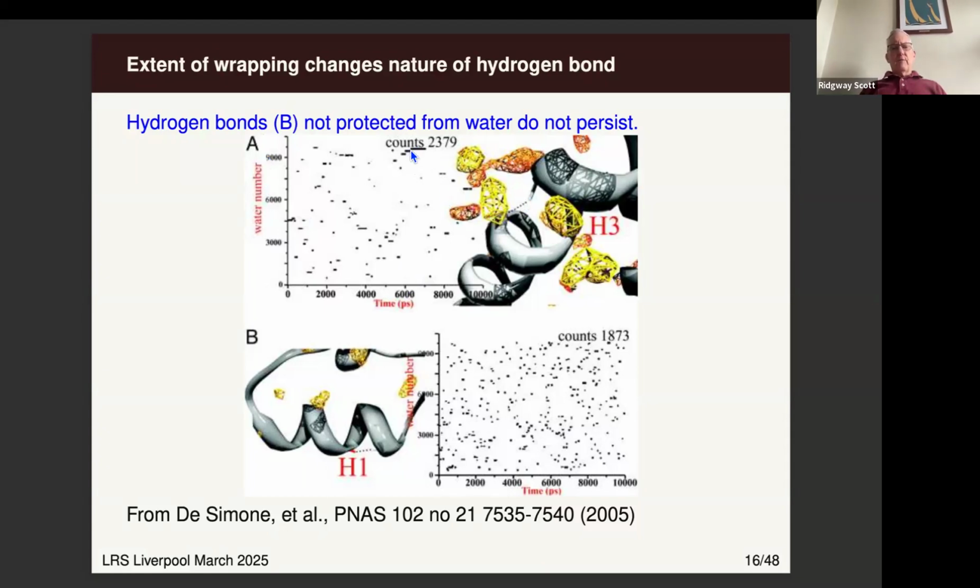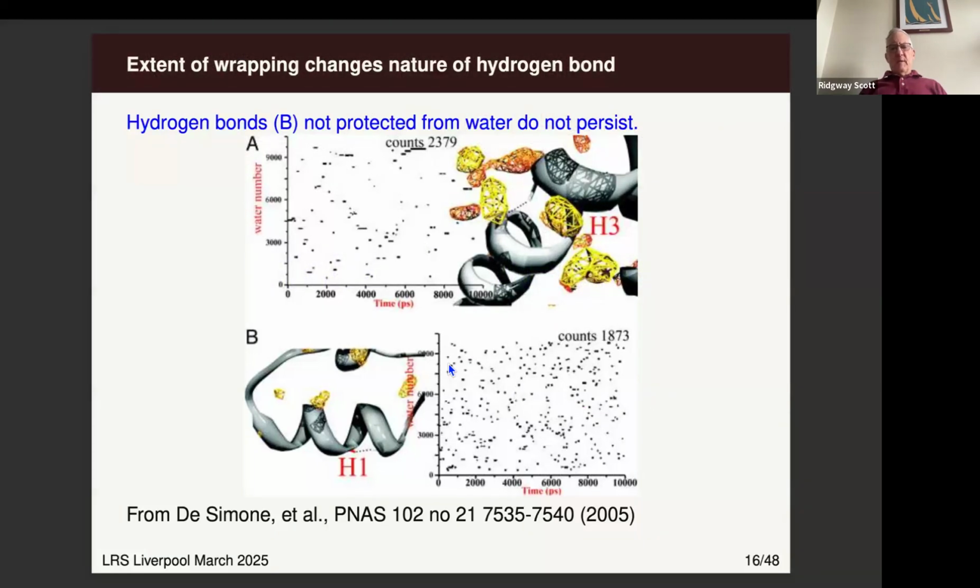Now, if it stayed there for a very long time, as here, those dots would connect and you'd get a long line. And notice that's relatively sparse. That is, not all of the water molecules came to visit this hydrogen bond over the time of simulation. By contrast, here's one that's underwrapped, and it's everywhere dense here.